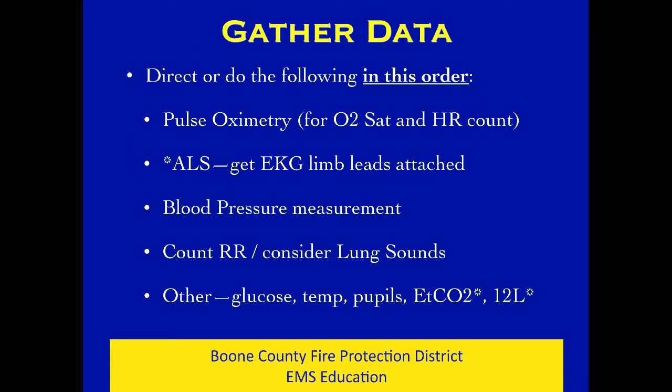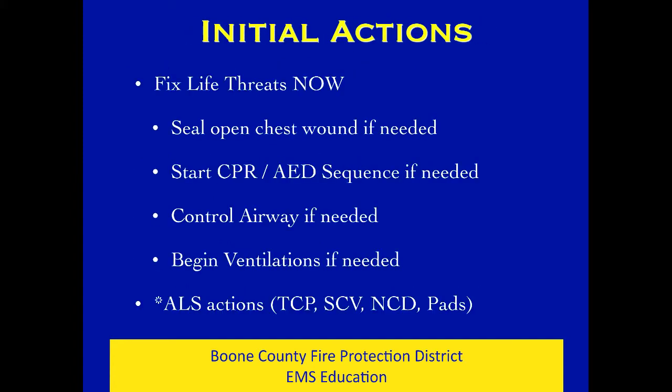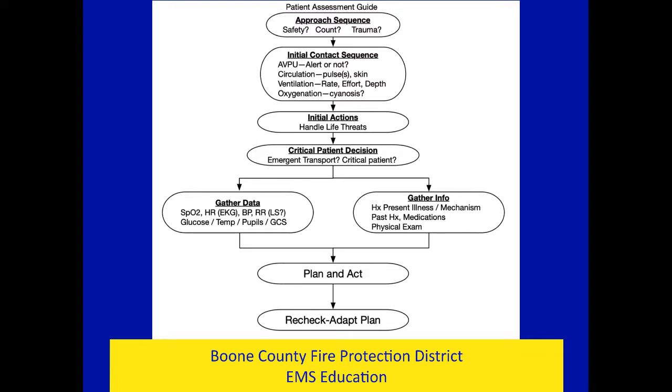So then the next thing that happens is either gather data or gather info. So I'm going to skip back to our more schematic version here. And we've come through the approach sequence, the initial contact sequence. We've done CVO. We've done initial actions to deal with those life threats we've identified. And we've come to this decision point and decided, is this a critical patient and a critical patient that needs emergent transport or not?